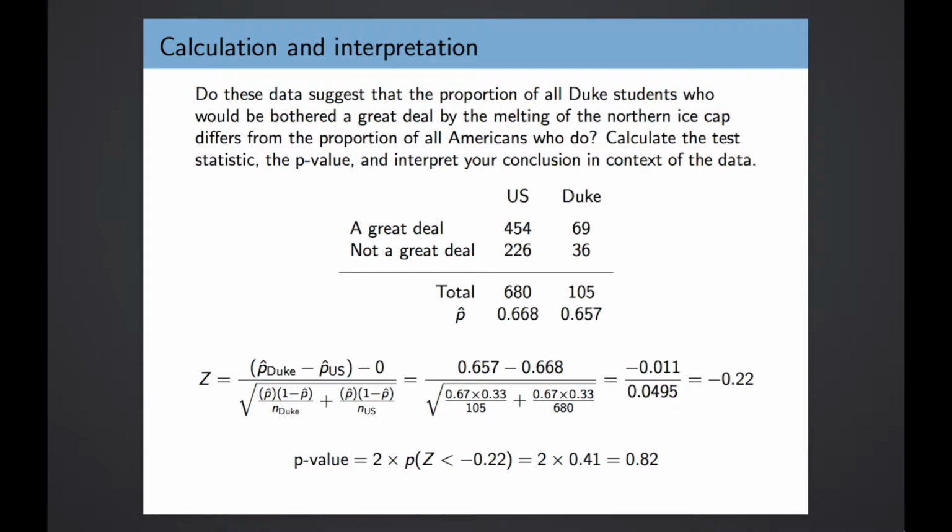So in the last part of this lecture, we're just going to bring all this together and actually do this hypothesis test to see if the proportion in the Duke sample is actually different from the proportion in the US sample. So our z-test formula is really familiar. It's going to be our point estimate from the sample, so that's the proportion for the Duke sample minus the proportion for the US sample.